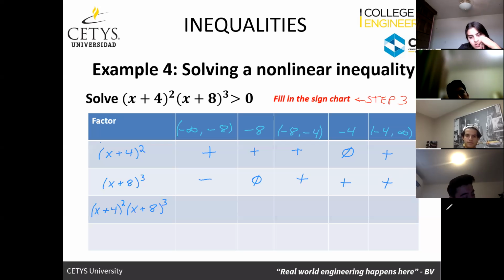Hello, sir. You there? Yes. Okay, perfect. Now help me out with the rest of the sign chart. What we're doing here is now, if I multiply these two, according to what I have, what sign am I going to get? So for the first column, plus times minus, what am I going to get here? Plus multiplied by minus, what am I going to get?